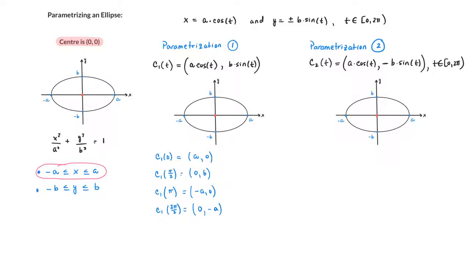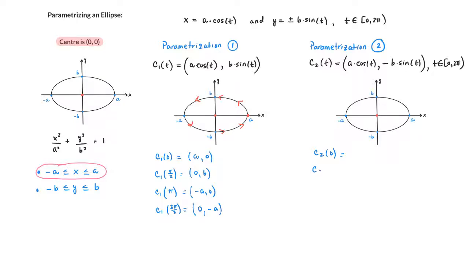And I can already see that a comma 0 is my starting point, and then the motion seems to go in a counterclockwise manner.